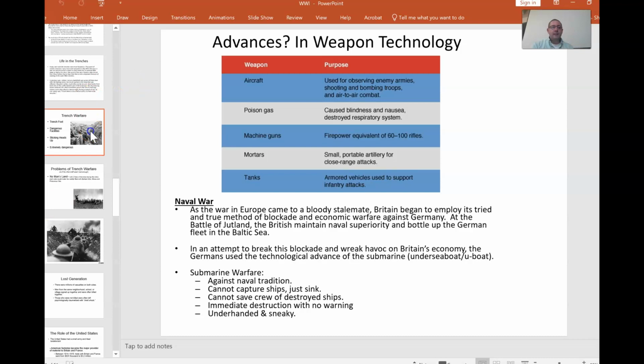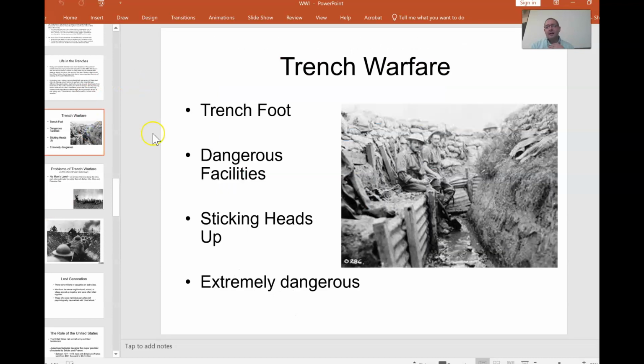So if you look at this image here that I have on the right hand side, trench warfare was quite dangerous in and of itself, right? You had to sort of duck because you might get shot at. It was constantly muddy. Your feet would get really wet.